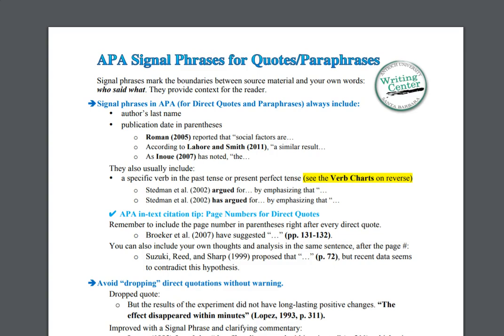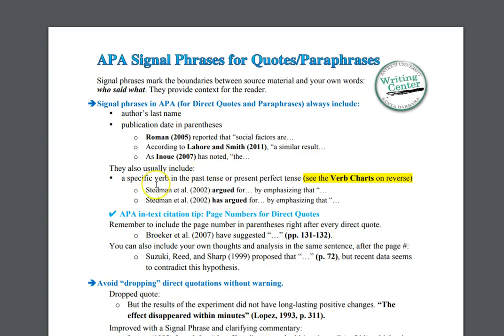Here are three different examples. We have Roman, who's the author, the date when the paper was written, reported that; according to, and then the author with the date, and then the quote.